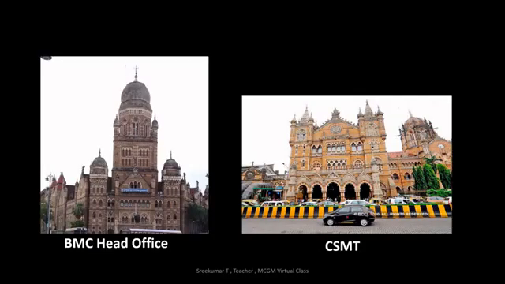So let us think about something more. See the picture over here, our own BMC head office. Some of you might have seen that, otherwise you should go and see it. The structure of the building, CSMT, Chhatrapati Shivaji Maharaj Terminus, railway station. Look at the structure.